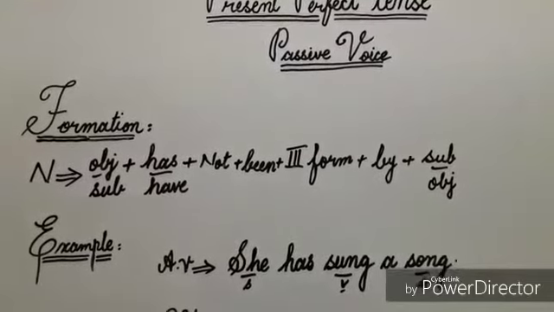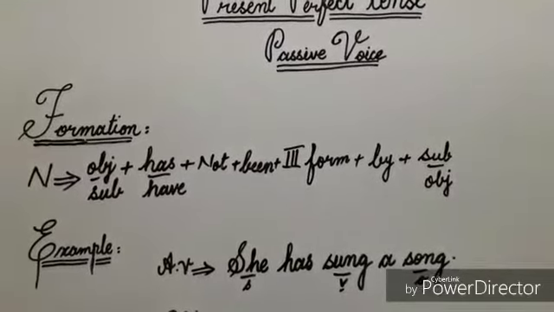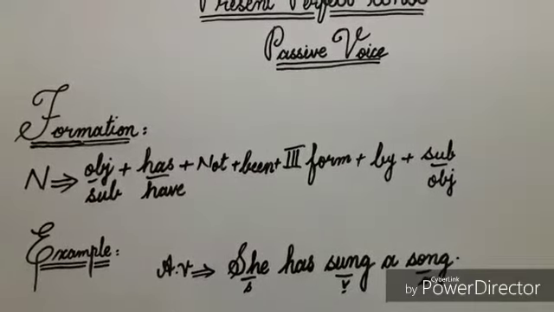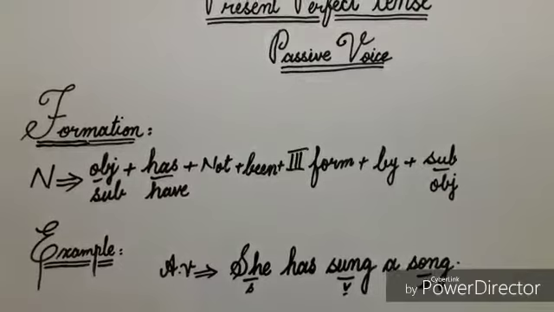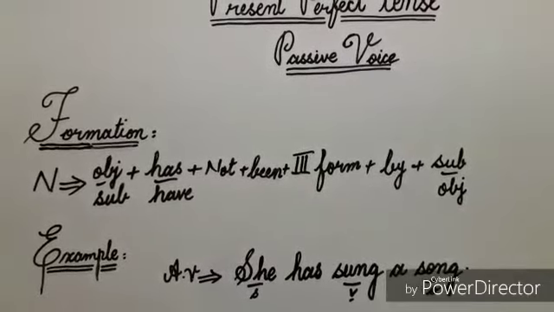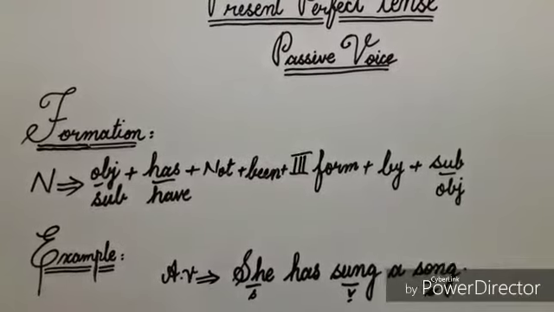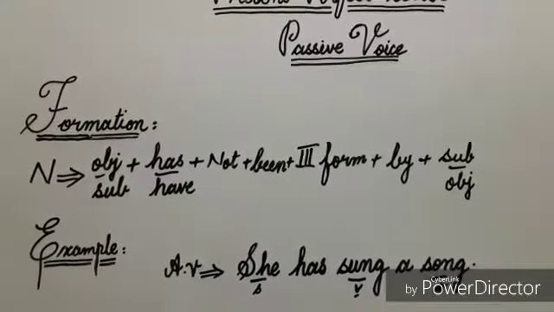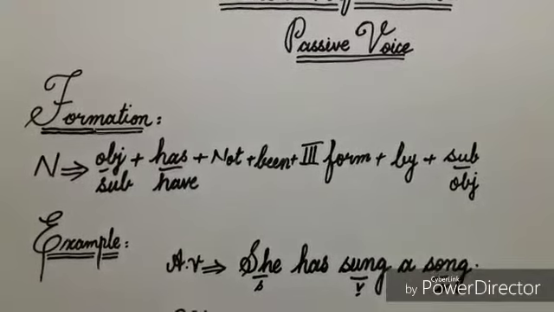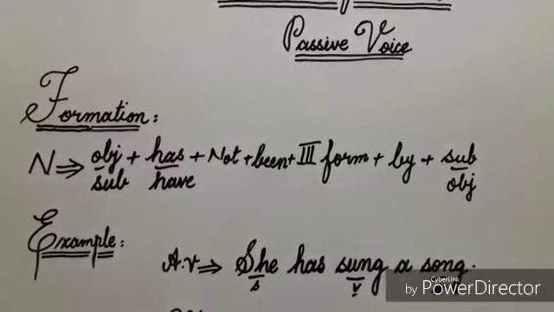In this sentence, the word sung is verb because it is showing some action, and its subject is she because she is doing the work of singing, and song is object because the work of singing is being done on it. In this sentence, verb is in active voice because its subject did something. So it's active voice sentence.